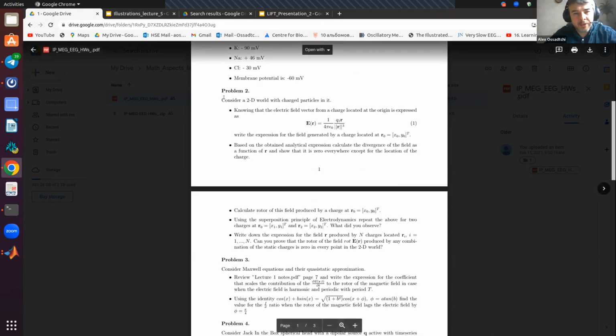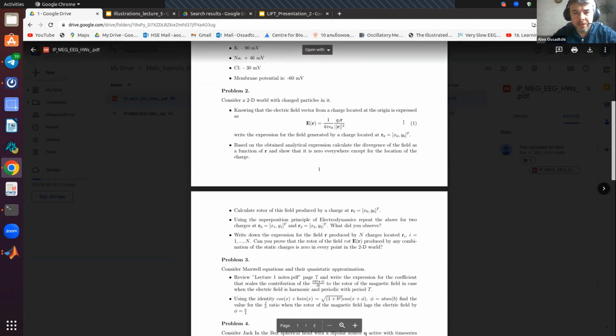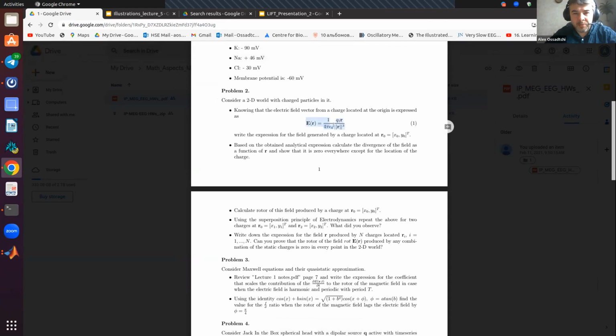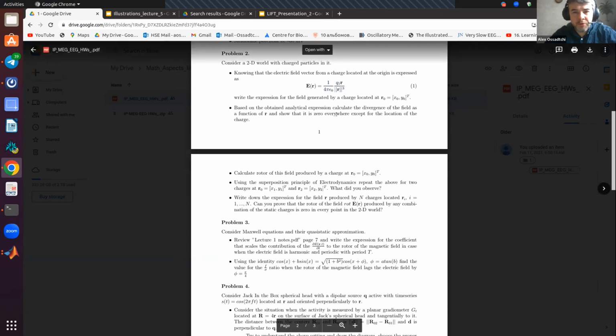This is basically a two-dimensional world where you have a particle located at the origin, and this is the expression for the electric field from this particle. It's a radial field which decays as a square of the distance, because it's a cube here, but the first order is here. And then all you need to do is compute the divergence of this.